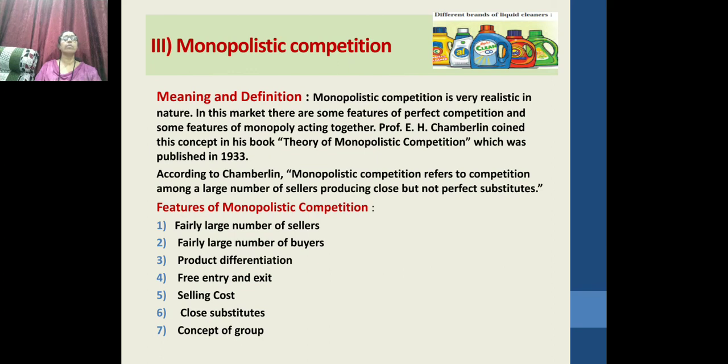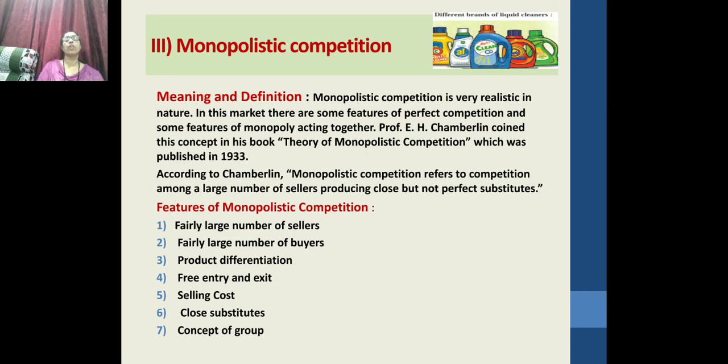According to Chamberlin, monopolistic competition refers to the competition among a large number of sellers producing close but not perfect substitutes. Thus, monopolistic competition has both the features of the perfect competition and the monopoly.